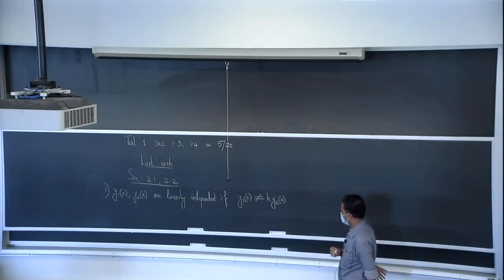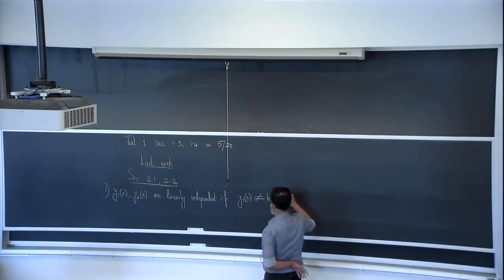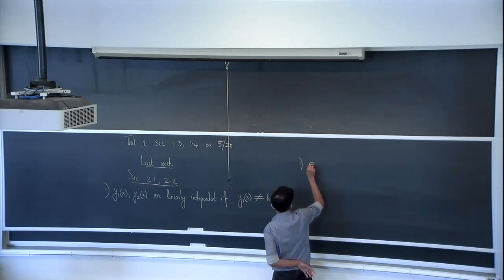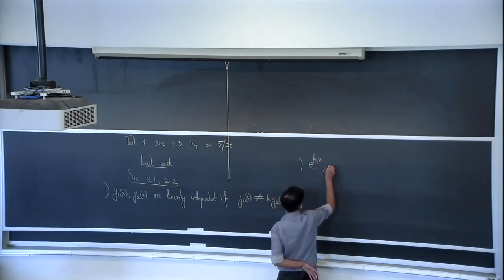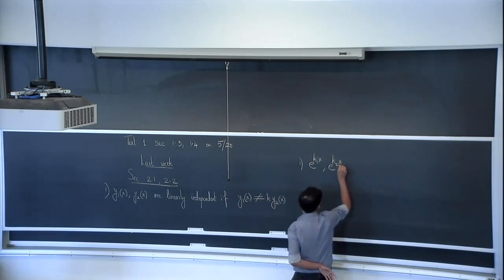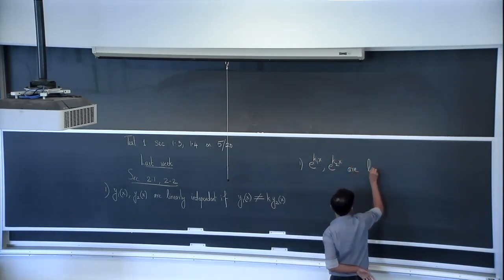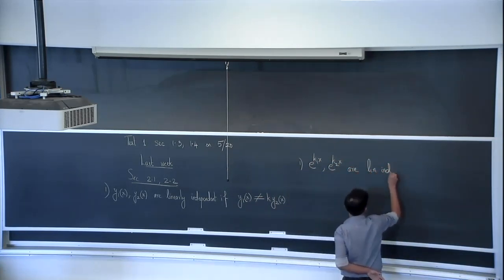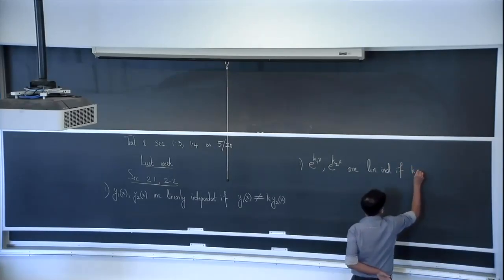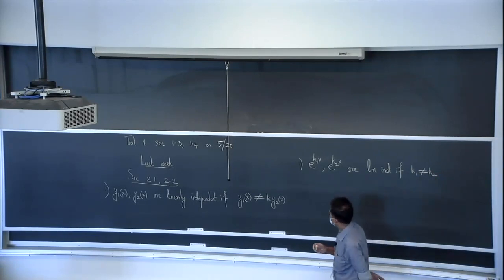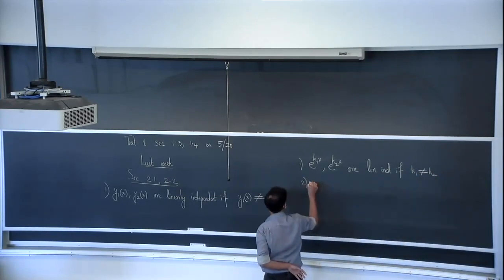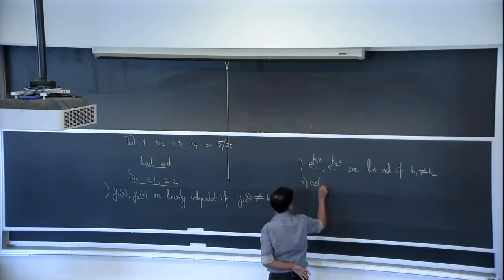We talked about typical examples of linearly independent functions. For example, e to the power of k1x and e to the power of k2x are linearly independent if k1 is not equal to k2. The same thing with sine and cosine functions for obvious reasons.